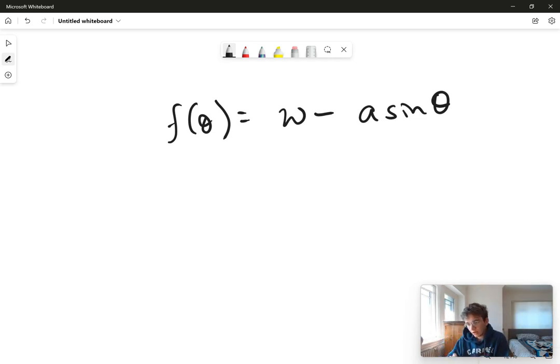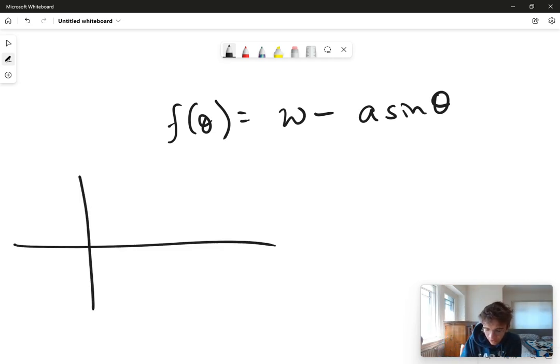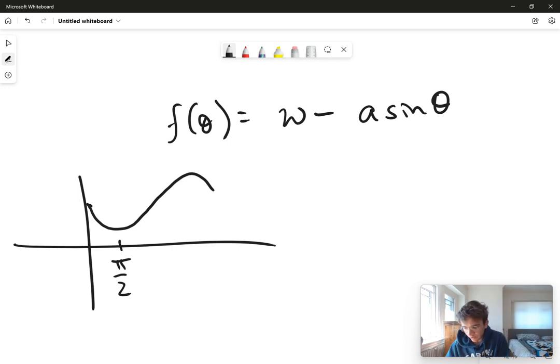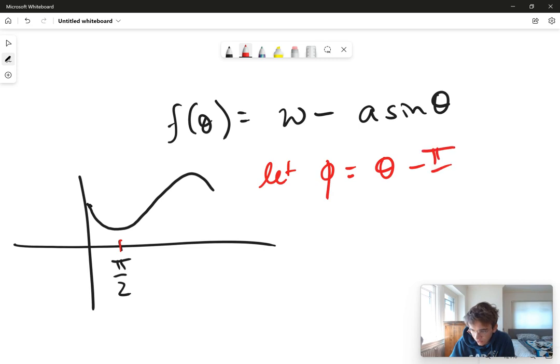Okay, and this example is slightly different from the diagram I drew above, because we have the negative sine theta, so our bottleneck is actually going to occur at pi over 2. So if I want to estimate the period for this system, I'm going to expand around the fixed point pi over 2. So I'm going to do a change of variables such that I can let my phi here be equal to 0 at the fixed point.